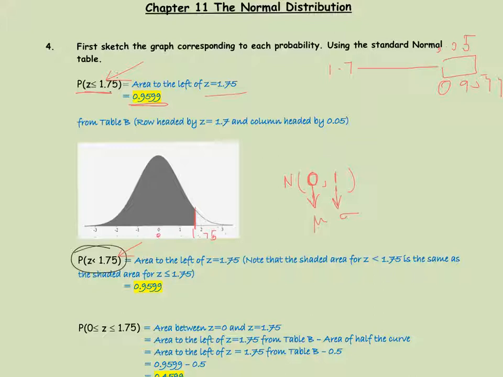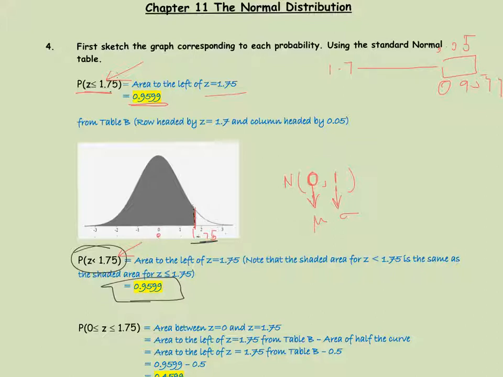It's just one number out of infinitely many, so it really doesn't make a difference. It is exactly the same area, except that we draw it with a dotted line, which says let's not include 1.75. That's the only difference, but the area remains the same. We find the area to the left of 1.75 in table B, and that's 0.9599.